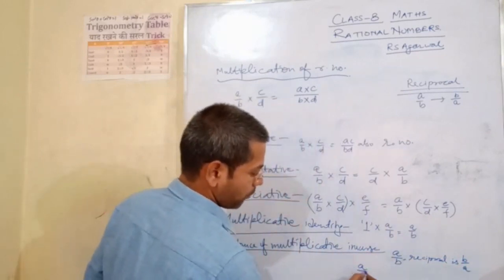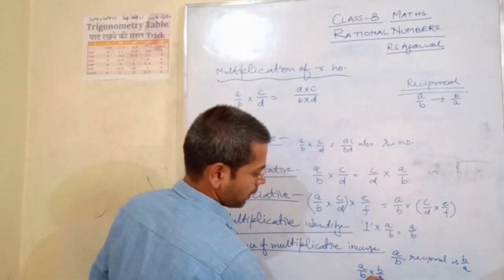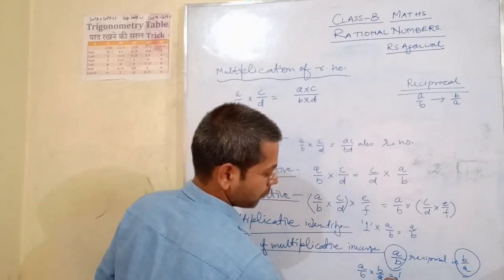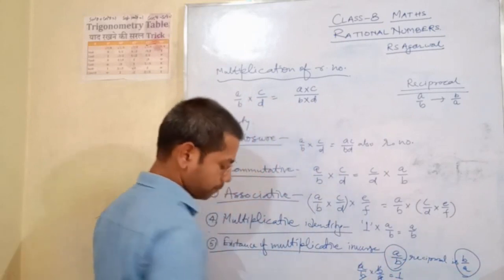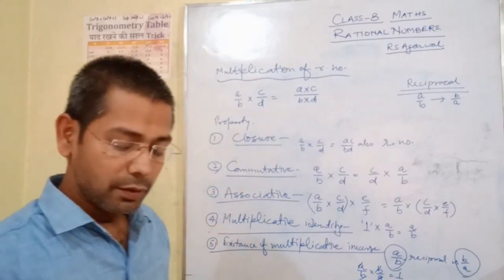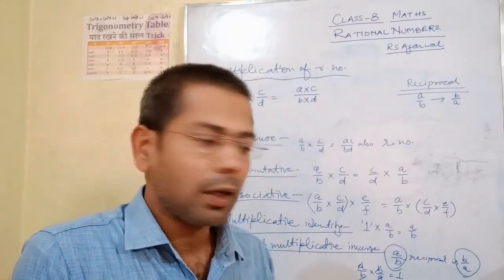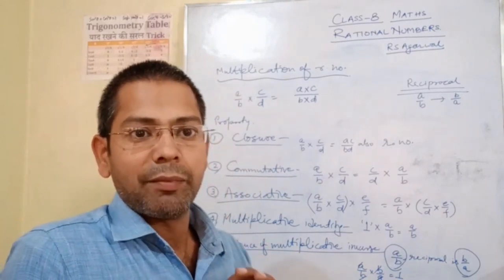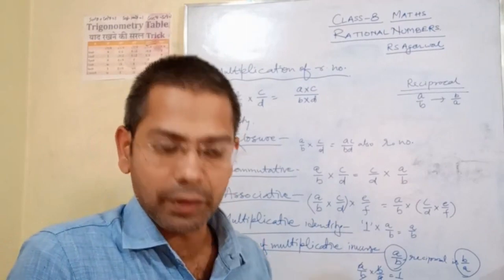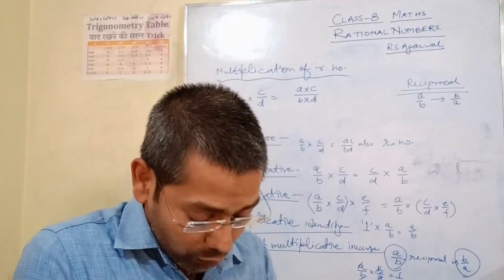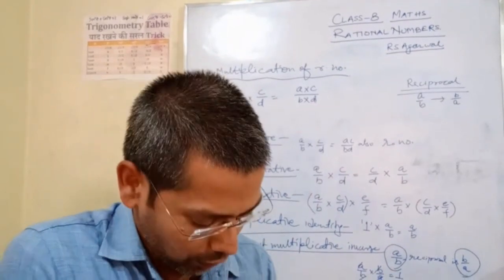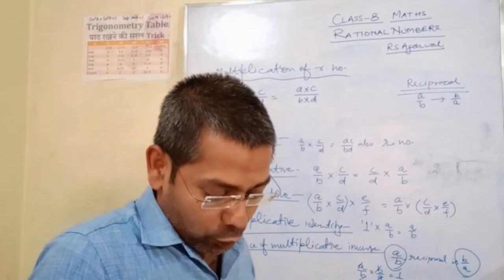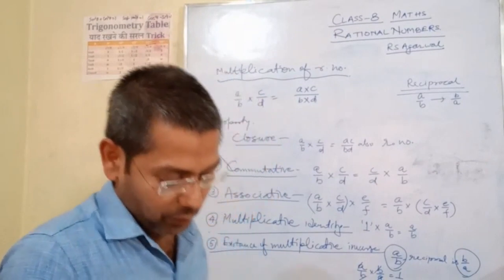Multiply a upon b by b upon a, that is, the number and its reciprocal, and you will get 1. In that case, the reciprocal is called the multiplicative inverse of the given rational number. So if the number is a upon b, then b upon a is the reciprocal of a upon b. It shows the existence of multiplicative inverse.